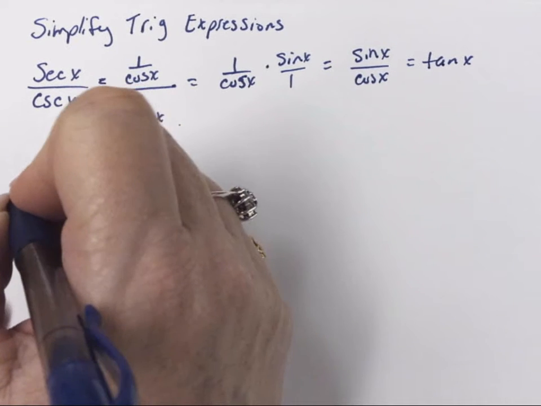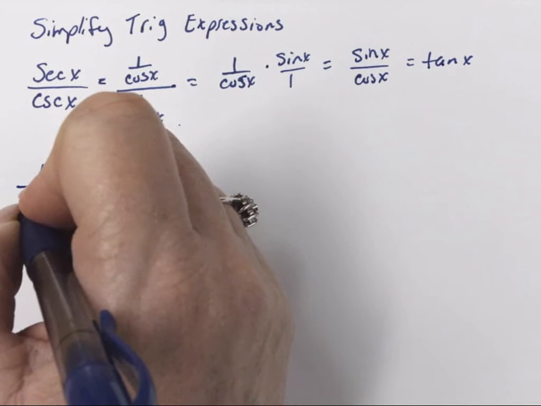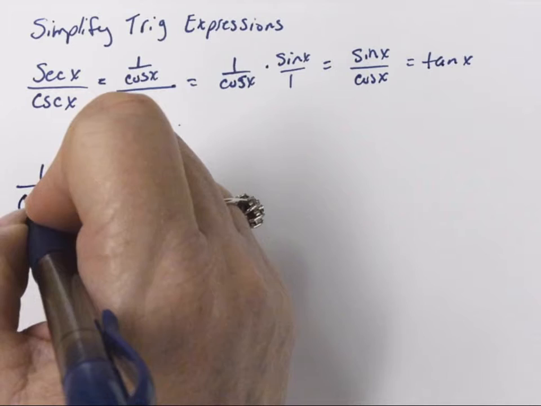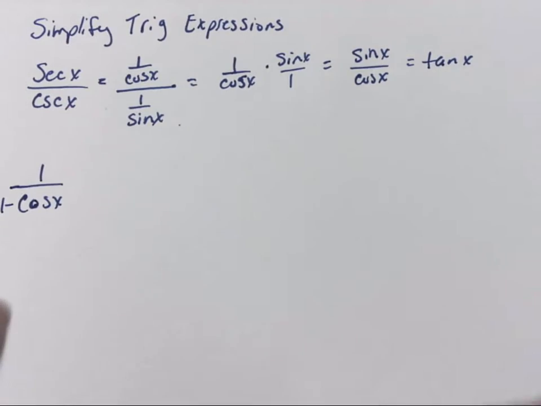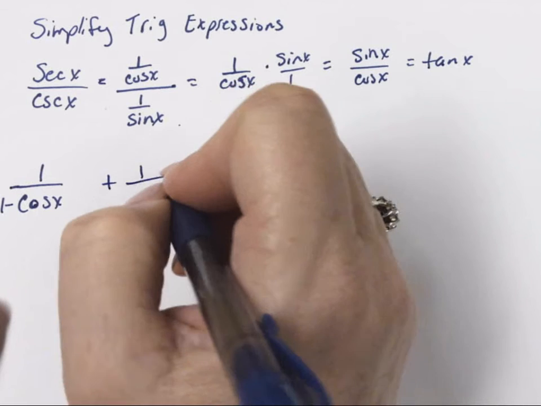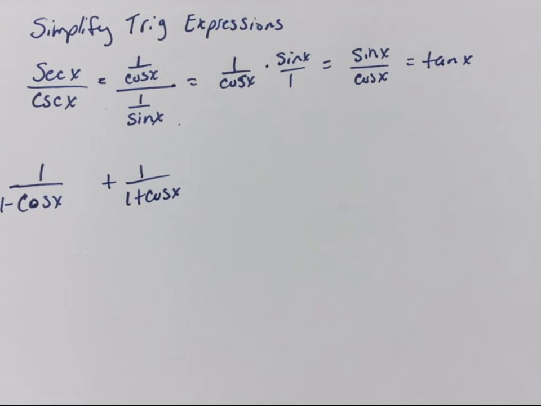So we'll have 1 minus cosine x times 1 plus cosine x plus 1 minus cosine x times 1 plus cosine x.